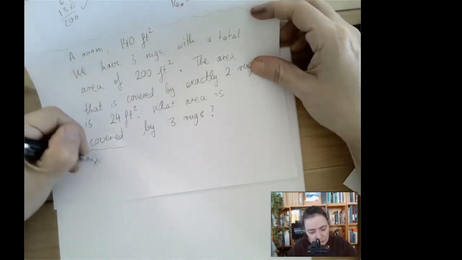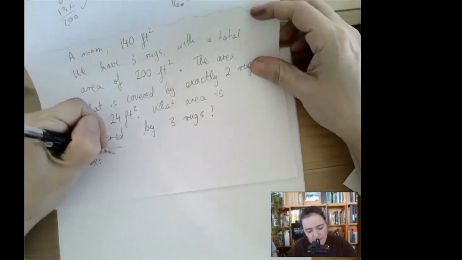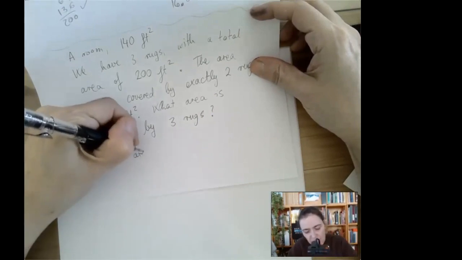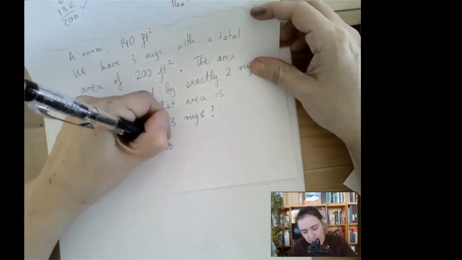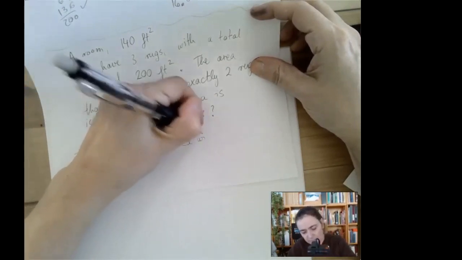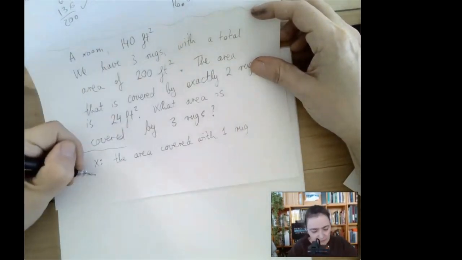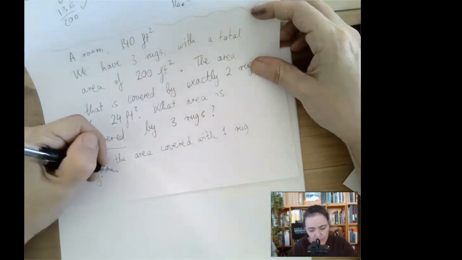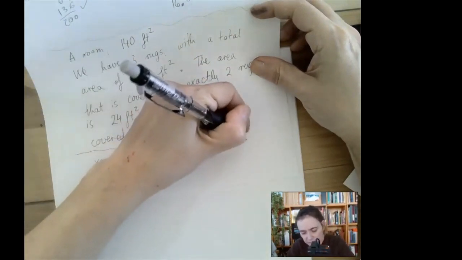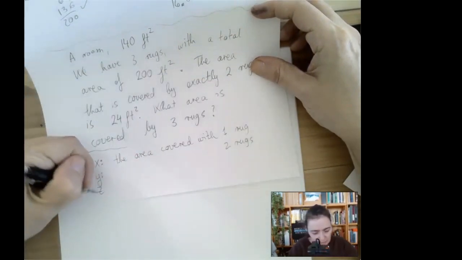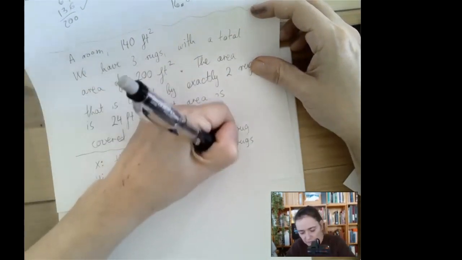let X denote the area covered with one rug. And then Y denote, but not for long, the area covered with 2 rugs. And then Z would be the area covered with 3 rugs.